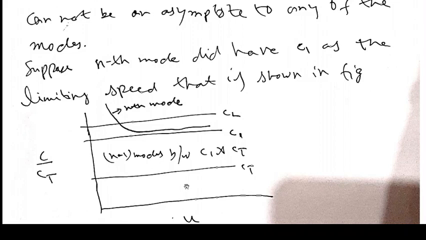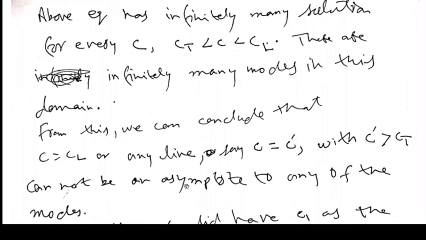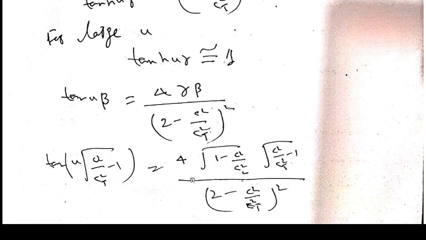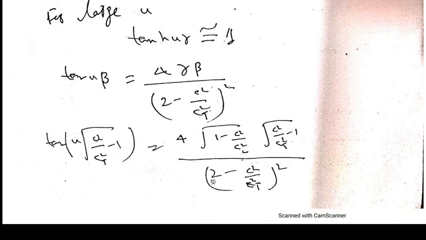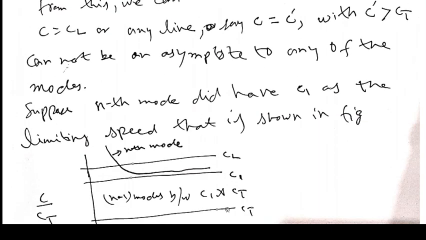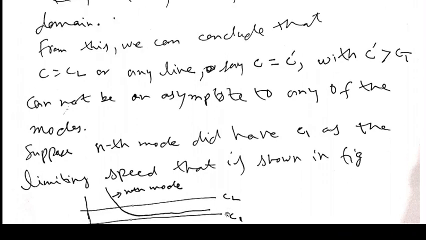So you will have n-1 solutions for this equation for the value of C between C dash and CT. But this is a contradiction. Why is this a contradiction?